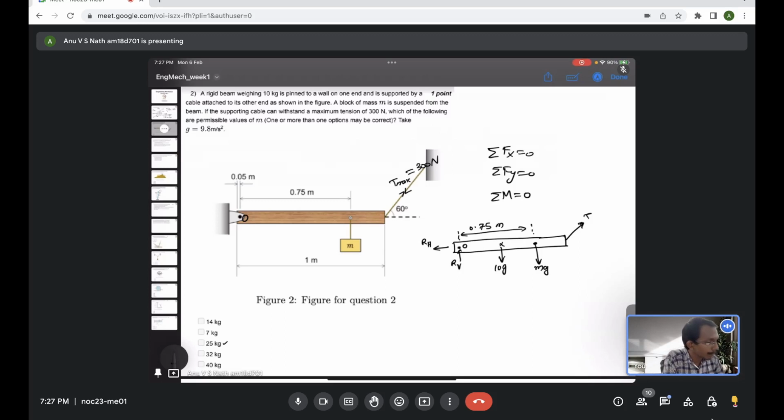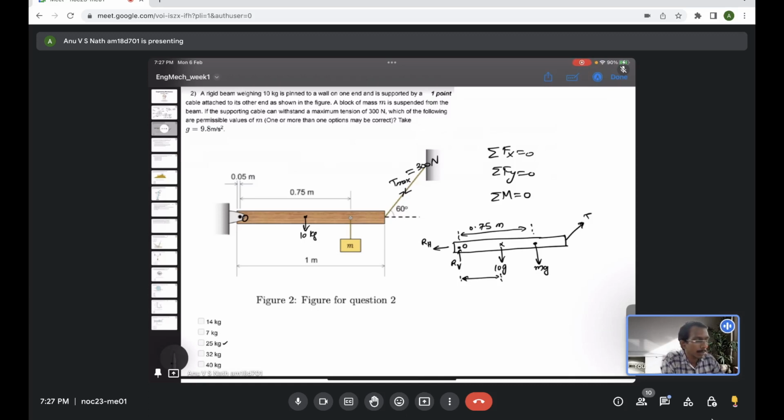Now from O, where exactly it will be located, that's a trickier thing. It's a 1 meter long beam, so its exact center is at half a meter, where the 10 kilogram is acting.